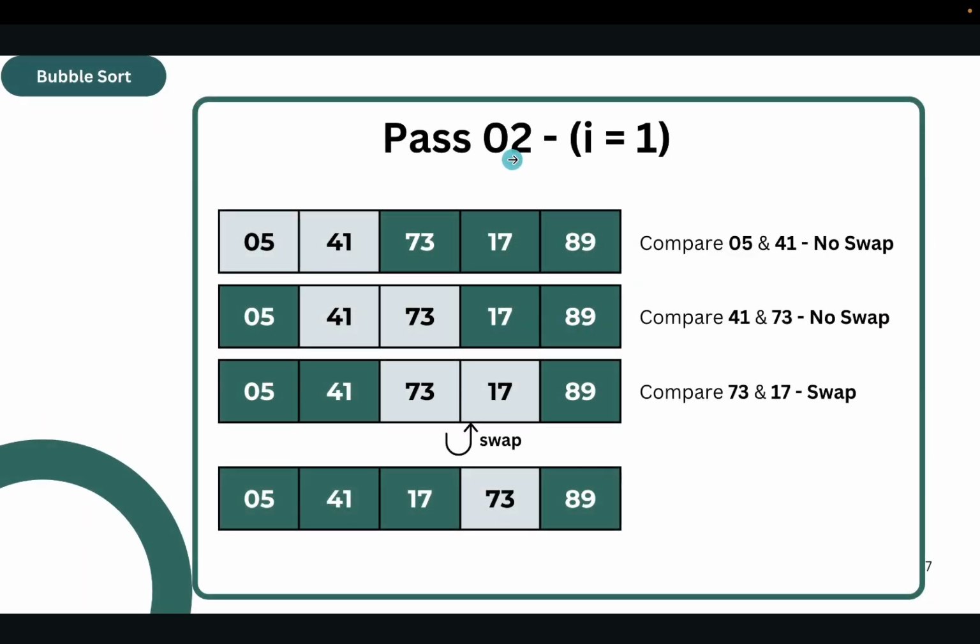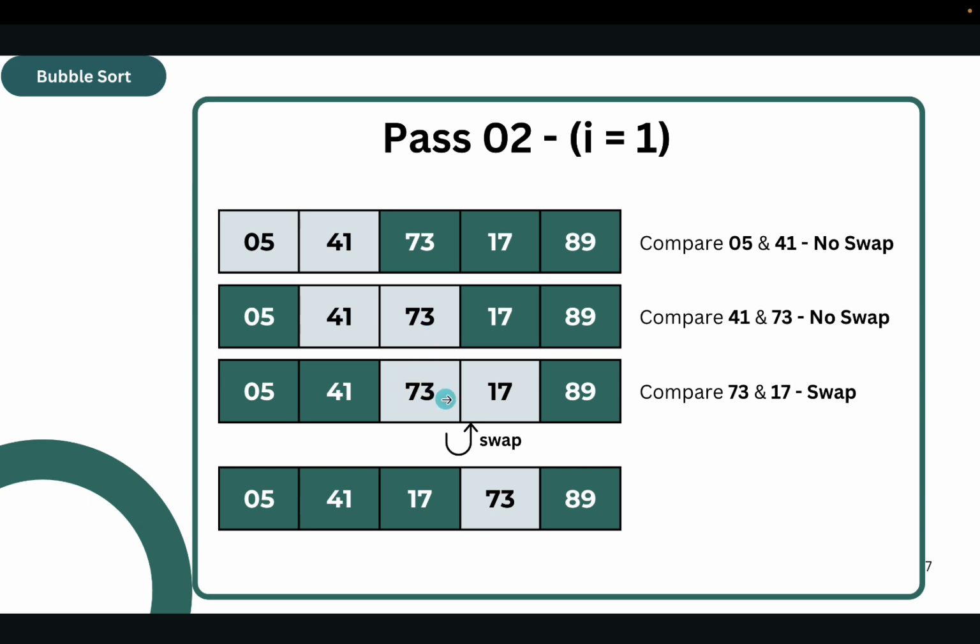Let's head into pass 2, where the outer loop i is equal to 1. Let's compare the first pair, 05 and 41. There will be no swapping because 05 is in its correct position. Then again 41 and 73, there will be no swapping as well because 41 is less than 73.